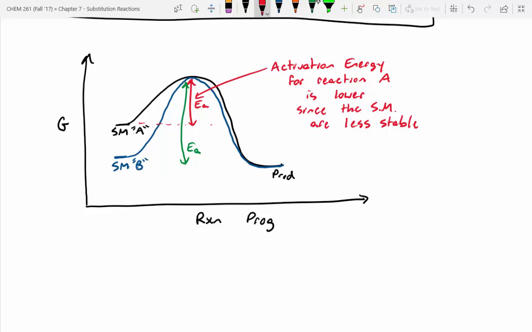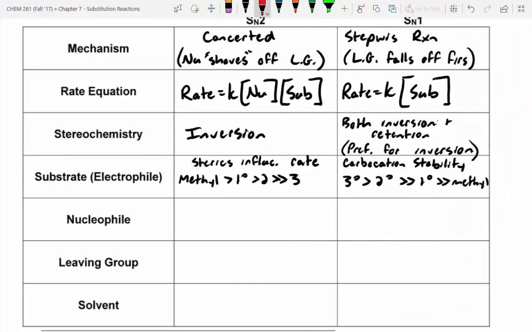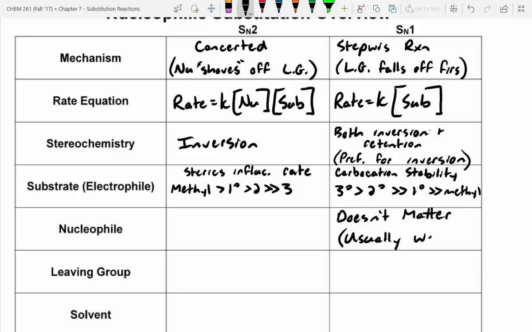All right, so what I want us to do is go back to that chart that we have, and we're going to fill in the gap for nucleophiles really quick. So nucleophile for SN1, we said doesn't really matter. Therefore, it's usually weak, which is a good thing.